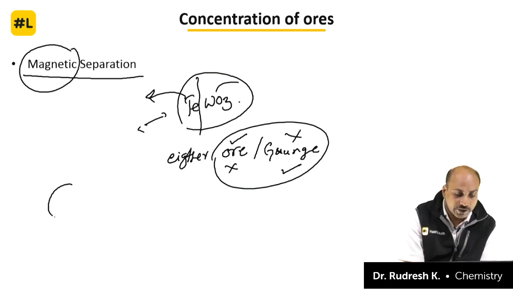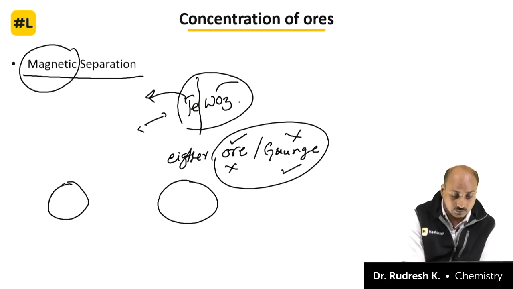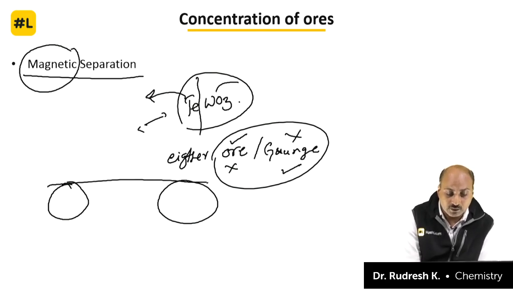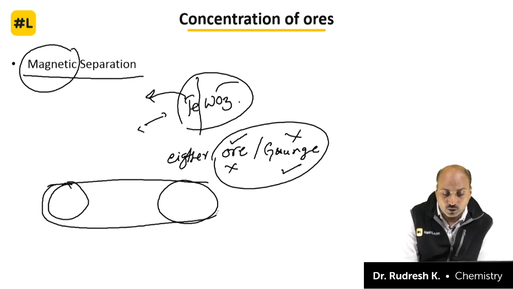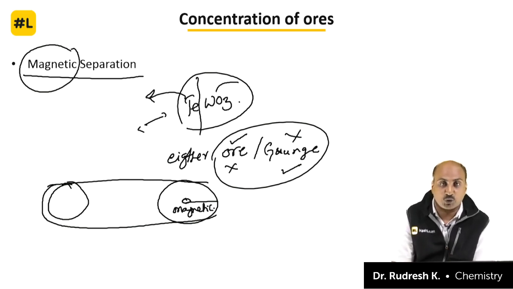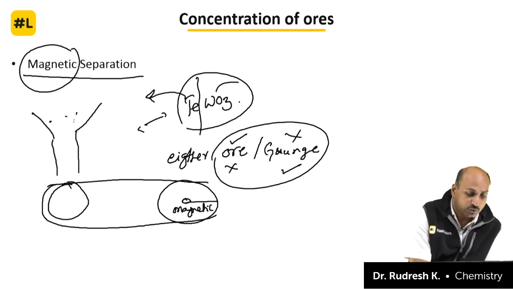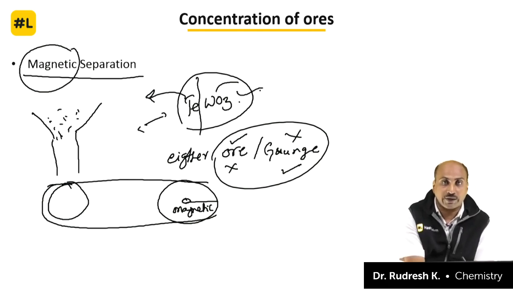Here it goes like this: we have a rolling belt, where one of the rollers is made magnetic by applying an electric field, electromagnetic induction. We take the concentrated ore, the powder form of iron tungstate after hydraulic washing and drying, and it comes over here.